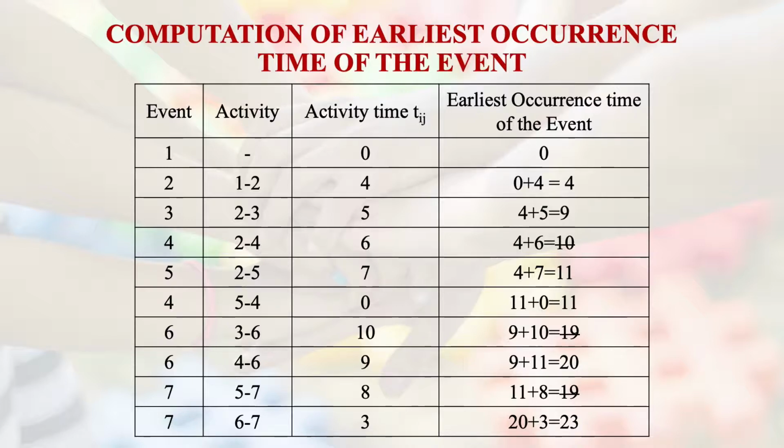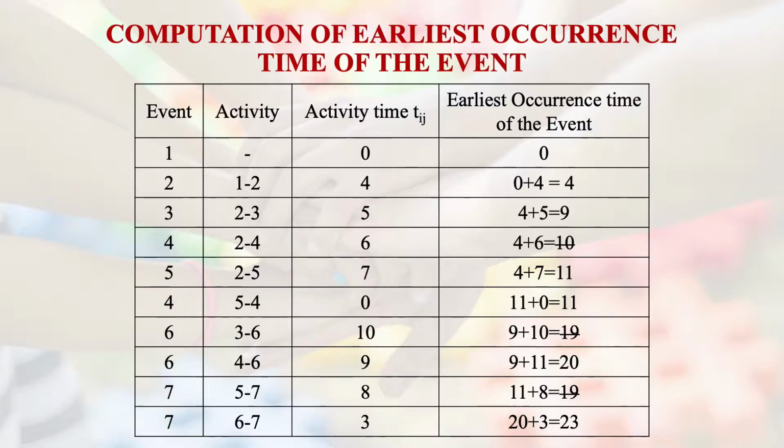It should be 4 plus 7 equals 11, because the earliest time of event 2 is 4. And 5 to 4 happens to be 0, so 11 plus 0 is 11. 11 is greater than 10, so the earliest occurrence time of event 4 happens to be 11.